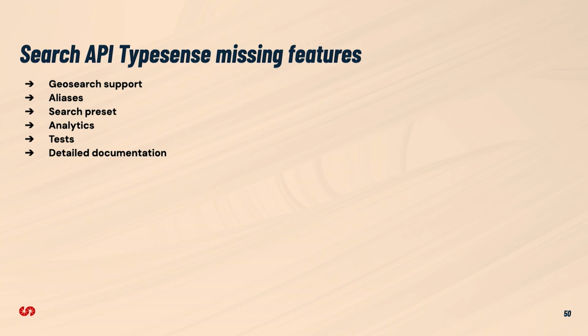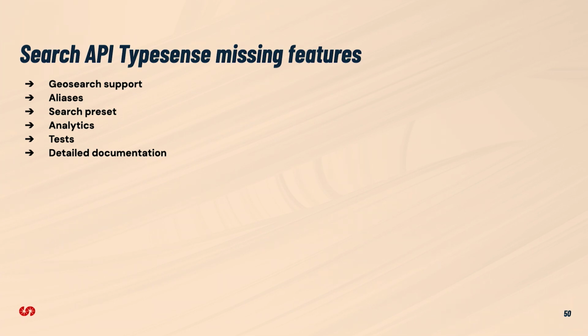You can create a set of search presets with some pre-configured search parameters that can be reused. Another cool feature is called analytics. It allows you to retrieve information about how many queries do not return any results, or something like that.